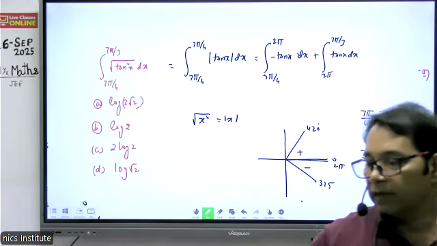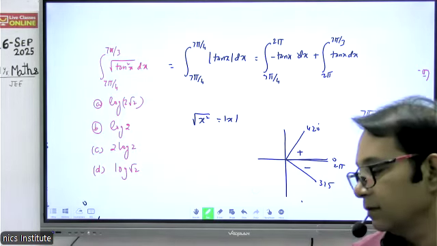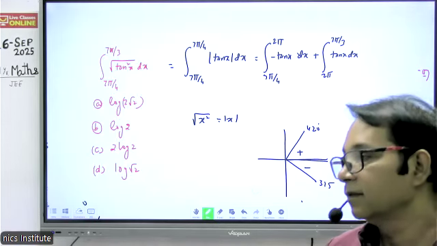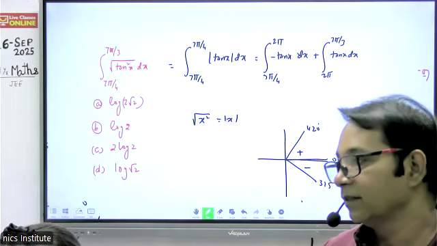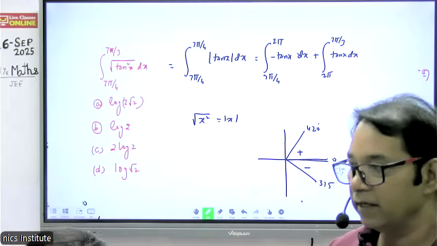Tan x का इंटीग्रेशन बताया ना, लॉग सेक x. लॉग सेक को डिफरेंशिएट करना जरा, क्या आता है, tan आता है.